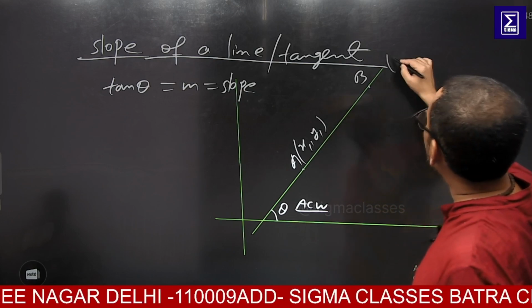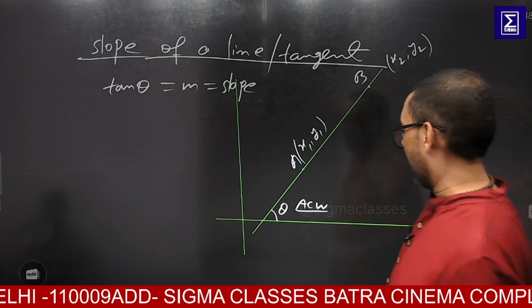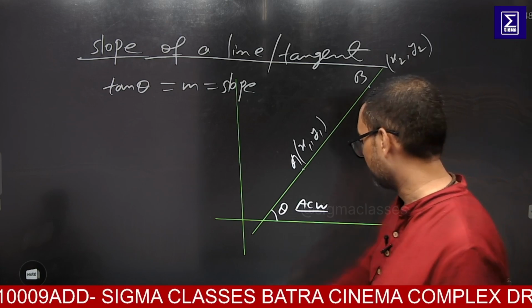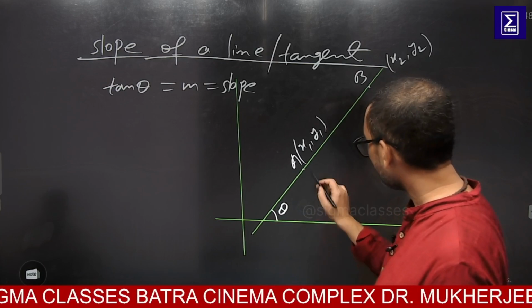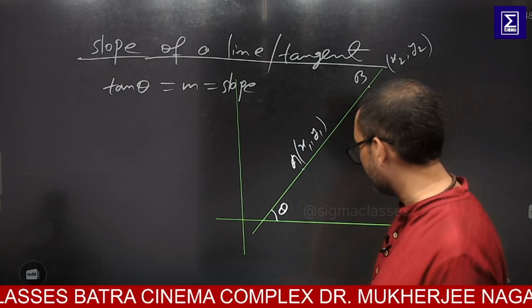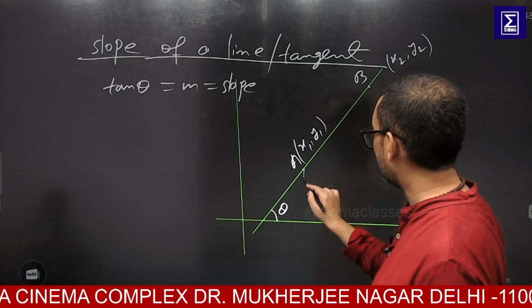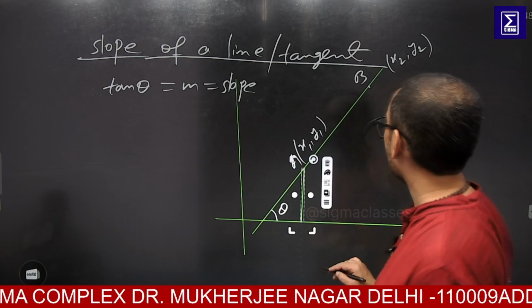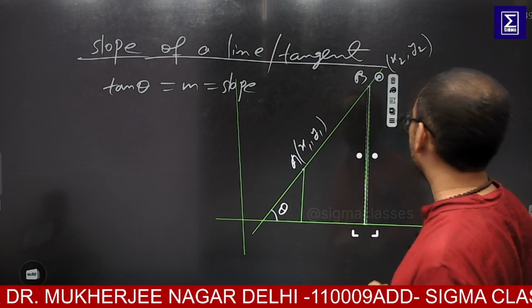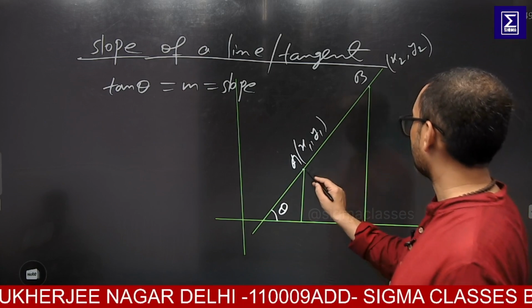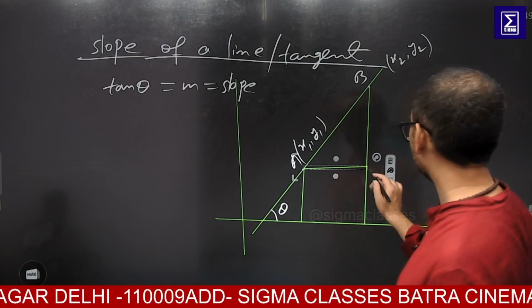Coordinate of B is x2, y2. अब हमें क्या करना है कि we have to draw the perpendicular from these two points. यहां से हम एक परपेंडिकुलर ड्रॉप करते हैं और फिर यहां से एक परपेंडिकुलर ड्रॉप करते हैं. फिर यहां से आप इसको मिला दो. ठीक है.